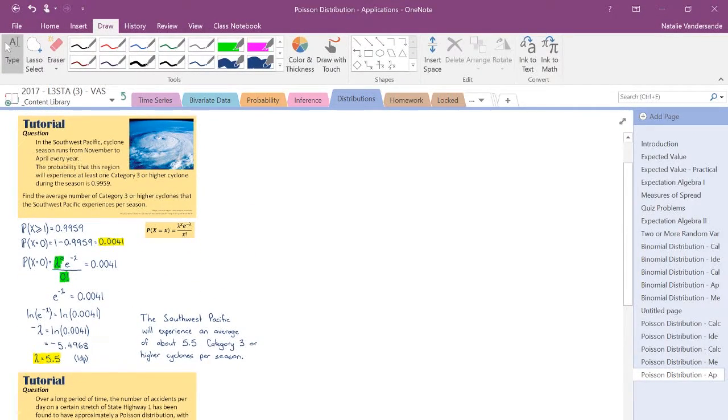There we have two examples for application problems, one which involved an inverse Poisson problem and the other one that involved a conditional probability.